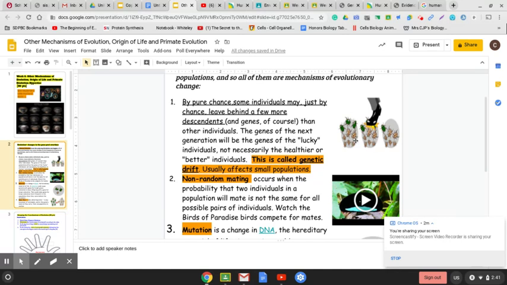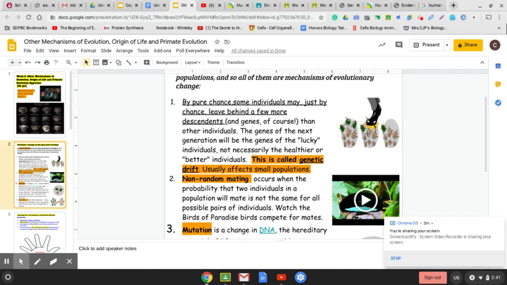Okay, so if you look over here, we had our beetle population, and so we have green and brown beetles, and by accident, this guy's maybe late to work, and he steps on a whole bunch of green beetles by accident. It was by chance. Okay, so obviously now we have a greater proportion of brown beetles than green beetles.